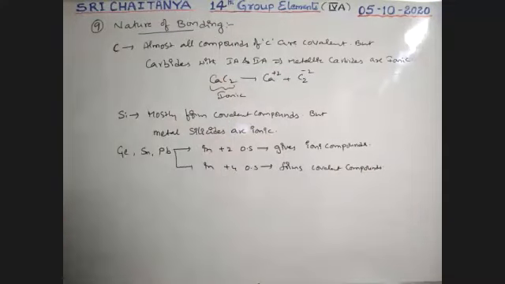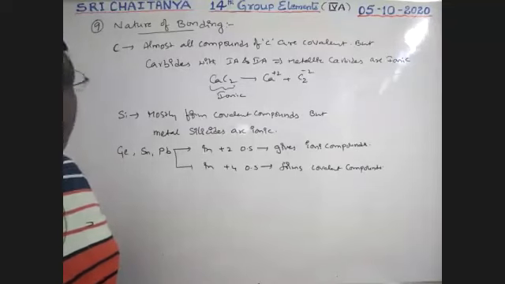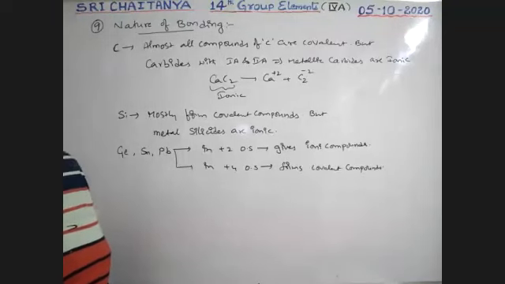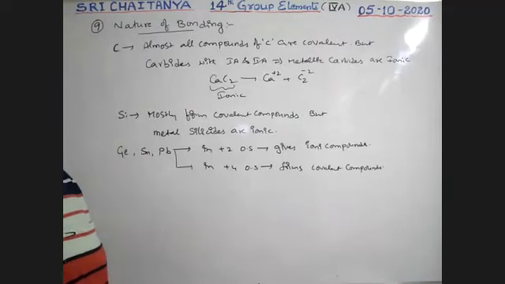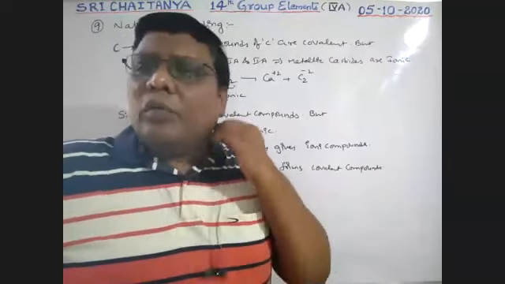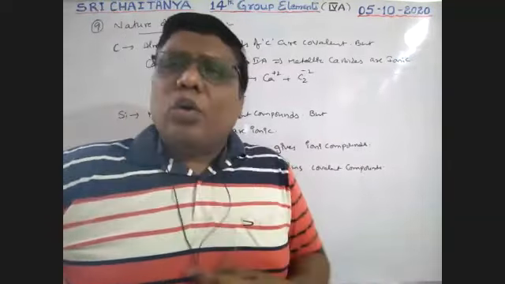Germanium is a metalloid, no doubt, but the nature of its compounds is what matters. So these elements generally form both ionic as well as covalent compounds.